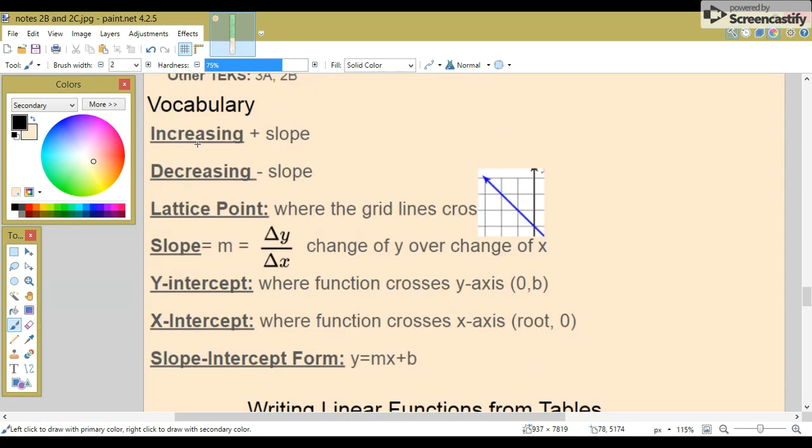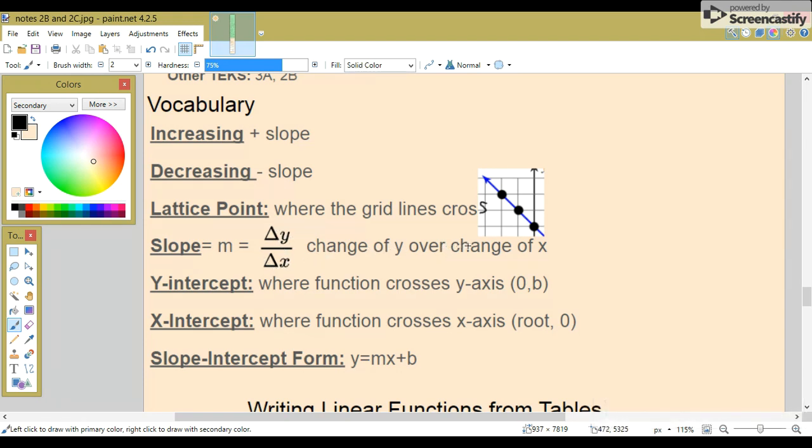Vocabulary. Increasing, positive slope. Decreasing, negative slope. Lattice point, where the grid lines cross. Slope, m equals the change in y over the change in x, delta y all over delta x.